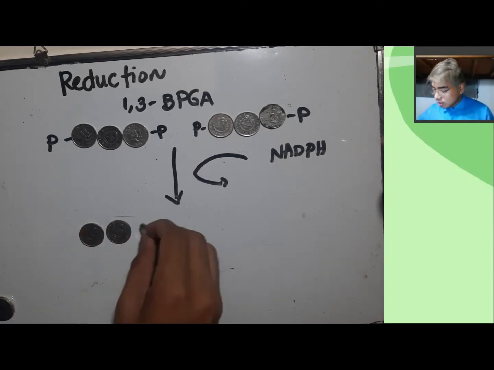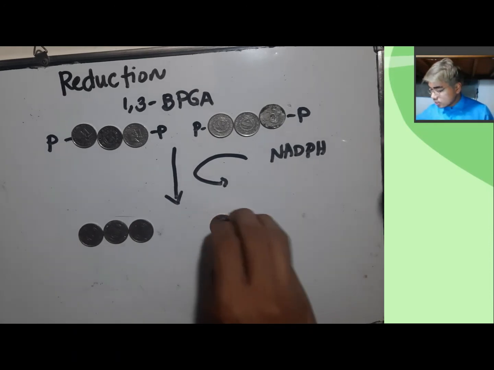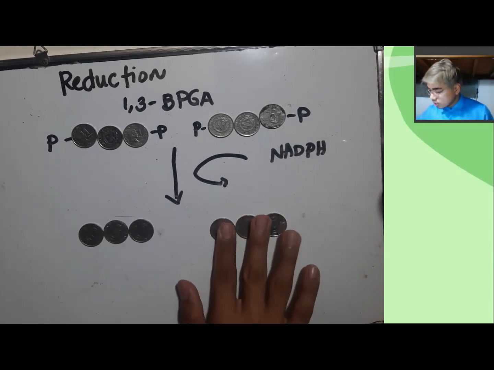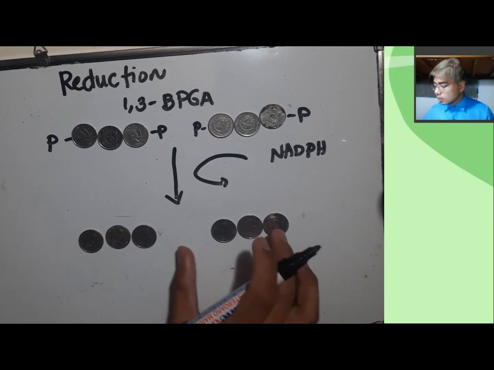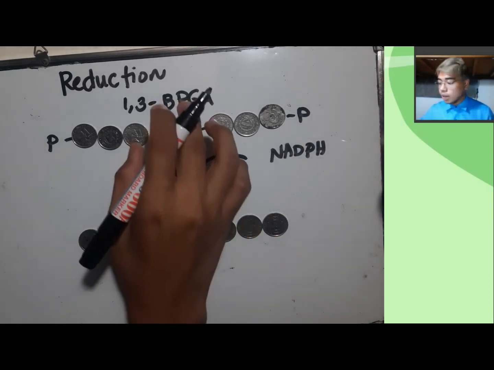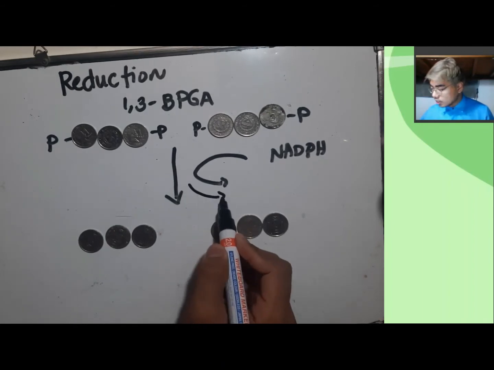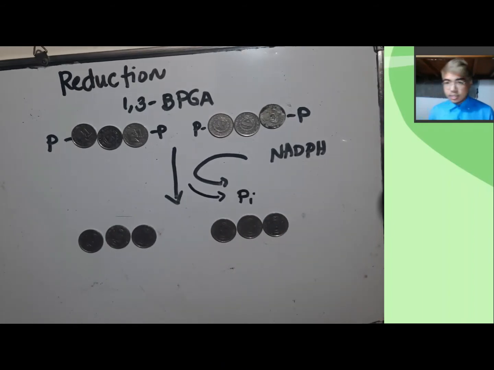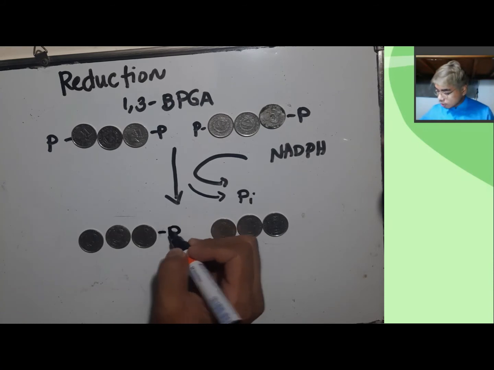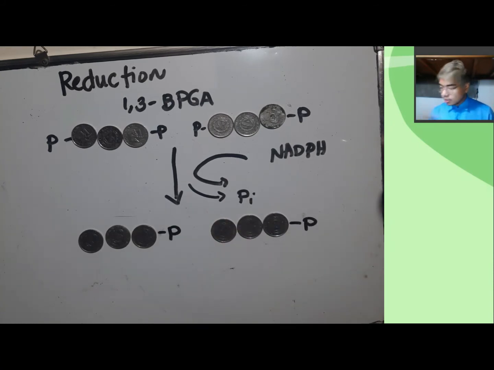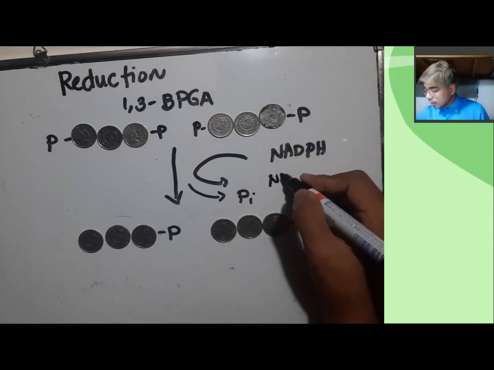With the release of these hydrogen ions, the phosphate on the 1,3-bisphosphoglycerate will also be released, in which only one phosphate group will remain, and that is on carbon number 3. This is the only phosphate that will remain on this carbon backbone, and the NADPH will now become NADP+.